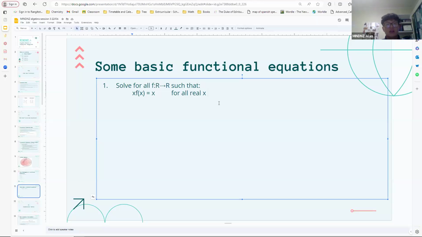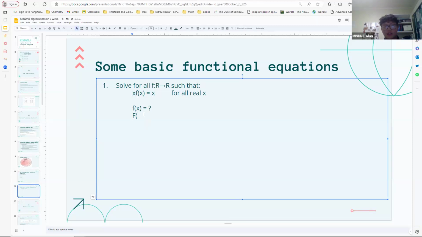So what should we do to get f of x equals something by itself? What's your first response? Can someone tell me in chat? Okay, so basically, if you see x and x on both sides, your first response would be to divide by x, right?